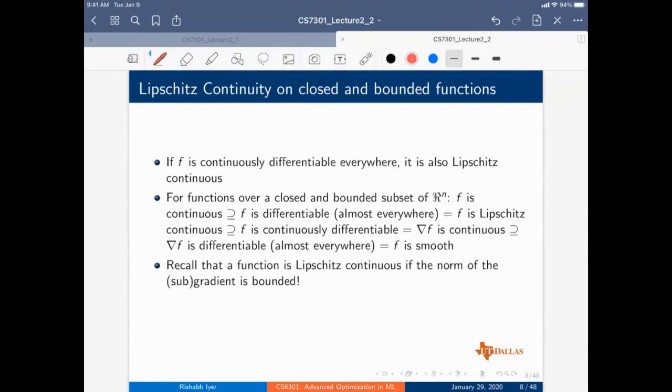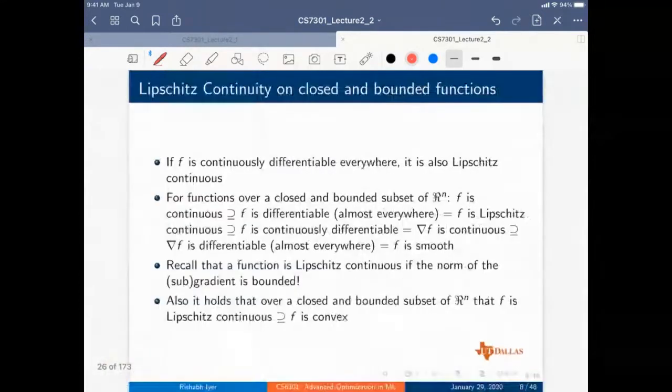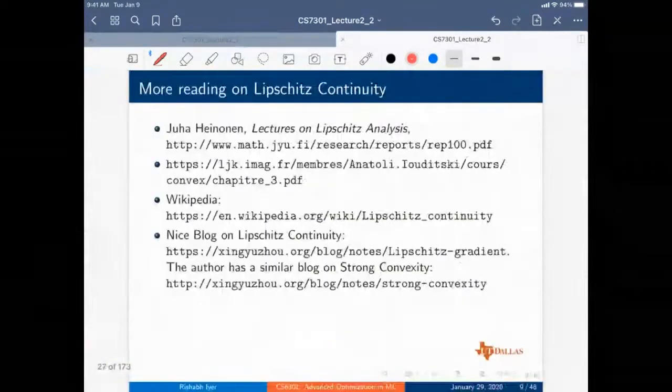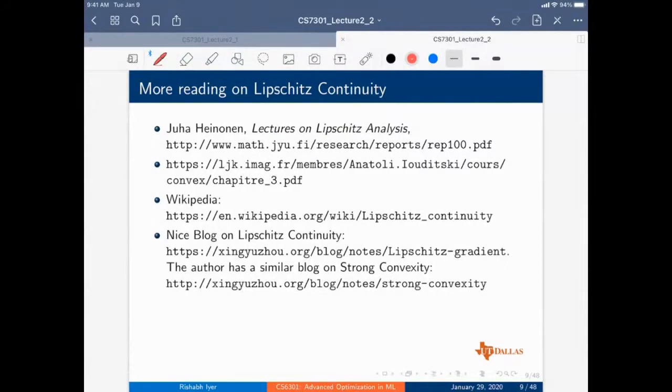Again, Lipschitz continuity just means that the norm of the subgradients is bounded. If you're more interested in Lipschitz continuity and Lipschitz smoothness, you can see some of these resources. These slides will be on GitHub, so you can see this in more detail.